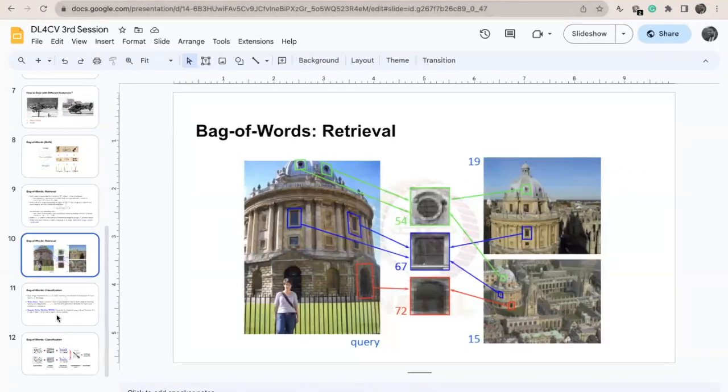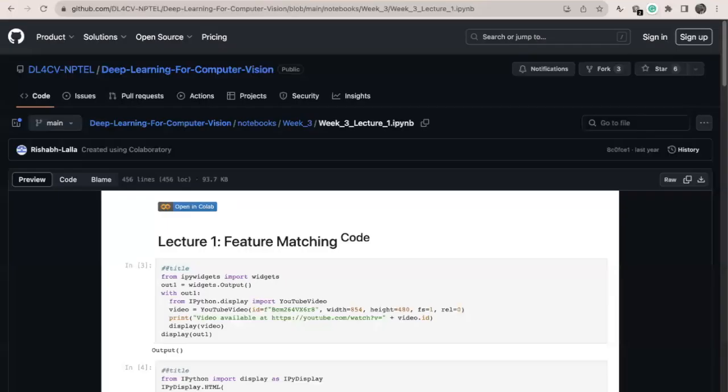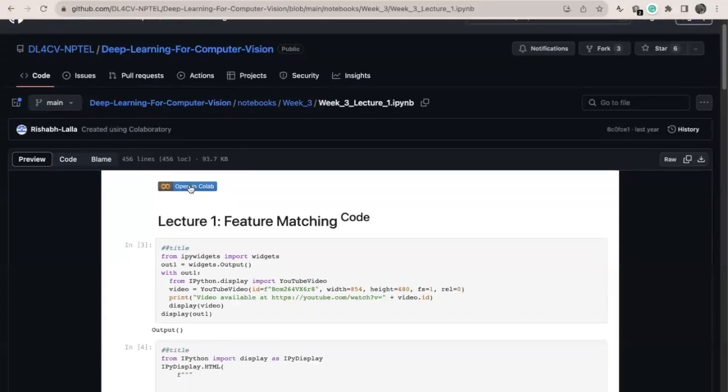Okay, so we'll go into the code now and see what is happening there. Let's just open this in Colab.